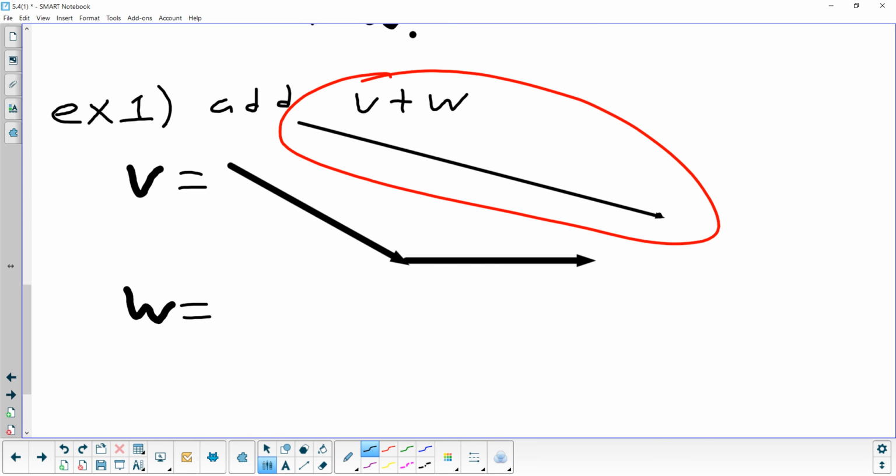And there is an arrow there, you probably can't see it as well. And that's how you would add v plus w. We are going to do some things with vectors later on that are more numerical. But for now, our answers are going to be images.